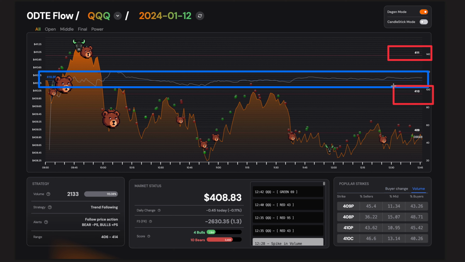So, these have calls and puts at each one. And really, it's crazy what happens at these levels. It's the zero DTE effect of the market. But basically, the most important thing for you to know from the very start is once we get above this blue line, the higher up we are, the more risk there is for bulls, okay?